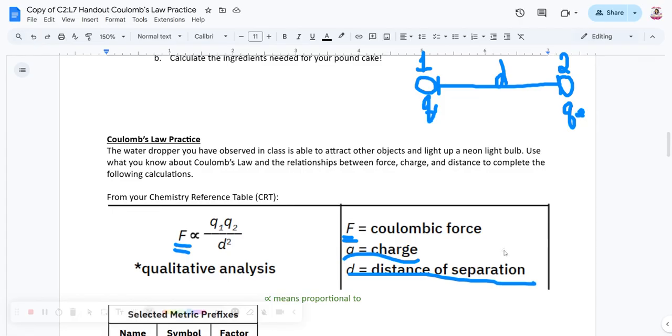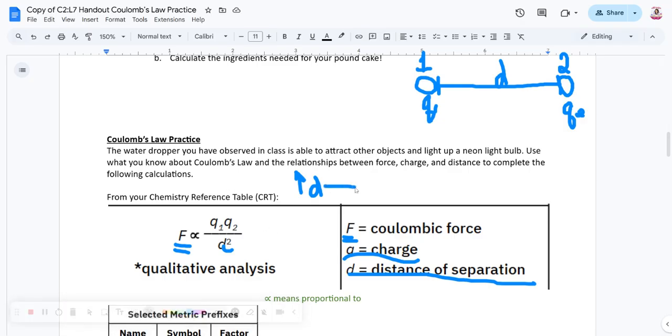I could change the charges on any of it, or I could change how far apart they are. I could bring them closer together. I could bring them farther apart, right? All the things I can change. So this expression, Coulomb's law, is just saying that if I increase the distance, or the distance squared, notice it's squared, right?